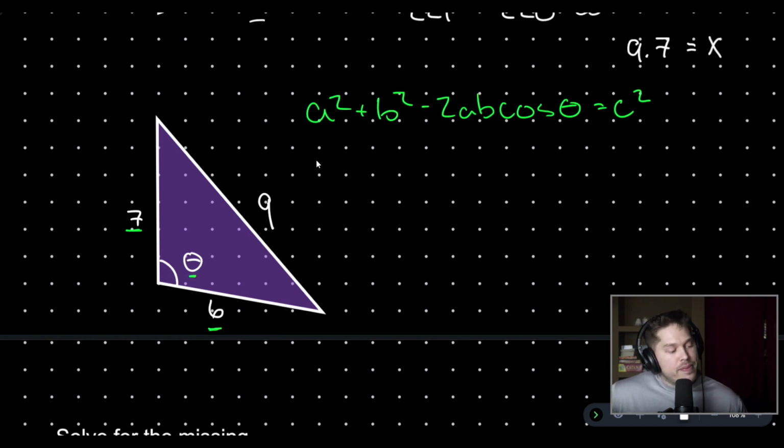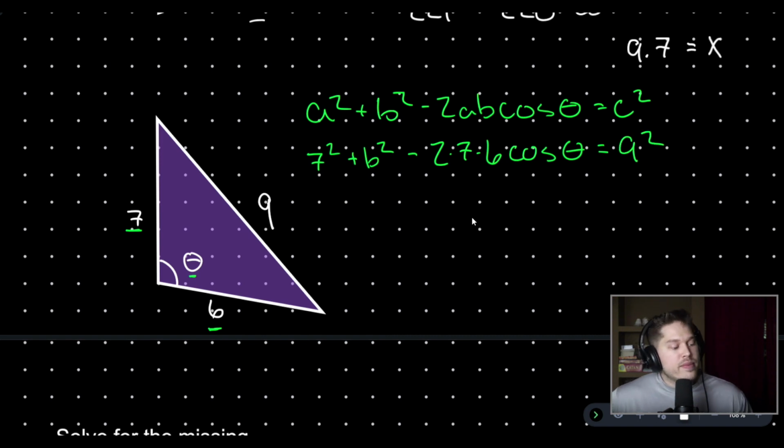So we have 7 squared plus 6 squared minus 2 times 7 times 6 times the cosine of theta equals 9 squared. Now we just need to simplify.